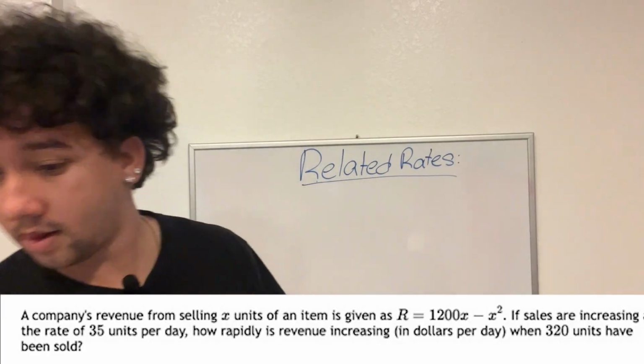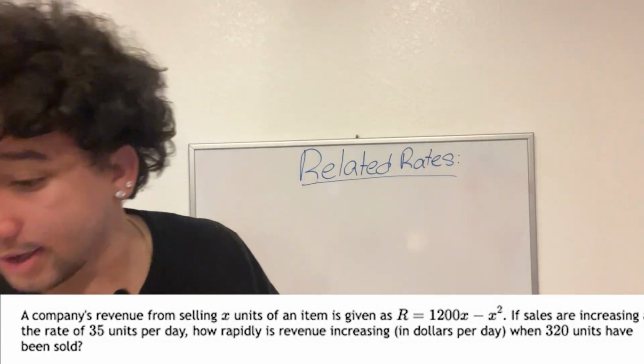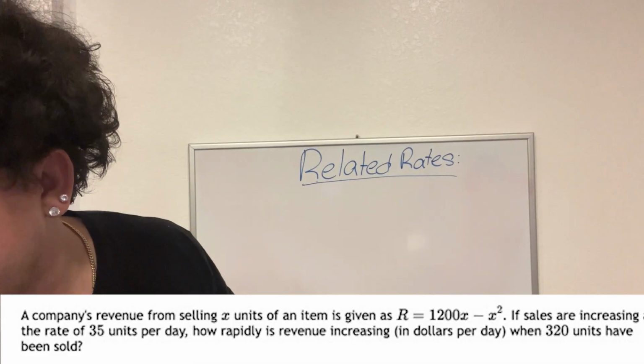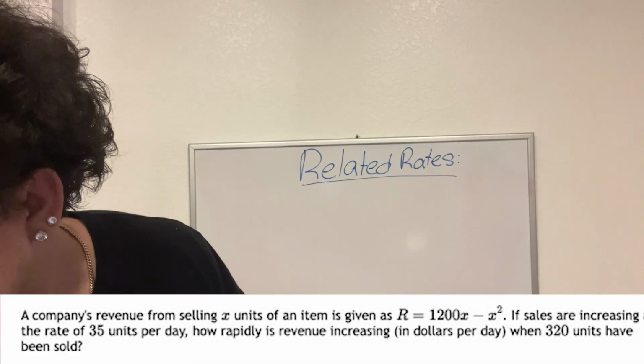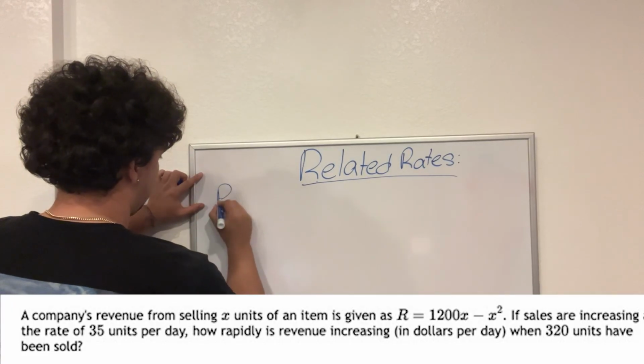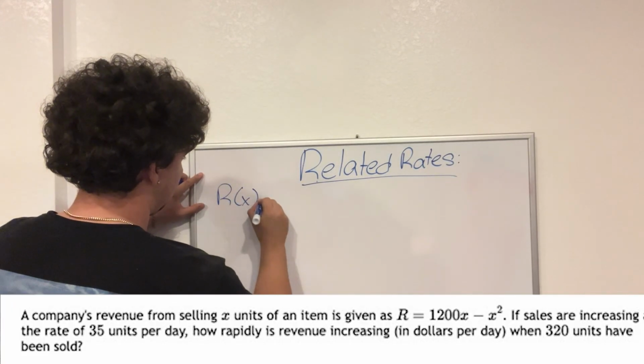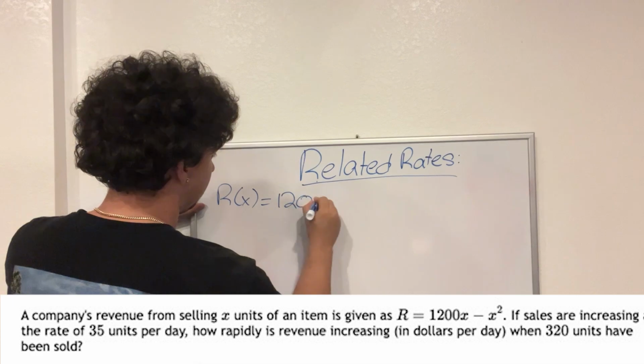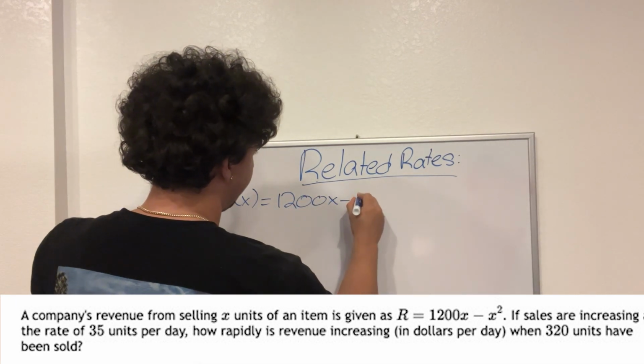All right. So my first question here is this. A company's revenue from selling x units of an item is given as R equals 1200x minus x squared.